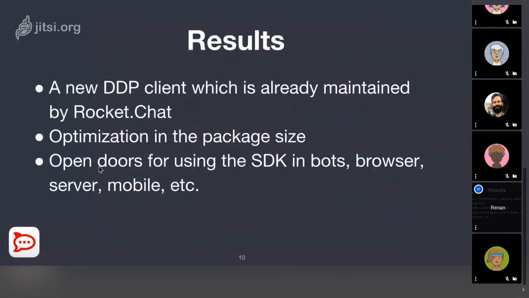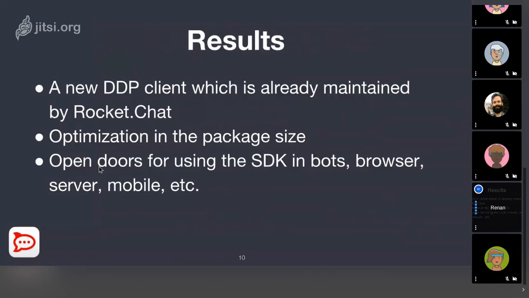So with that, we could bring some results. There is a new DDP client for the bot SDK that is already maintained by Rocket Chat, that is the React Native DDP client. We had optimization of the package size of the JS bot, and now we have open doors to use the SDK in bots, browsers, servers, and mobile.